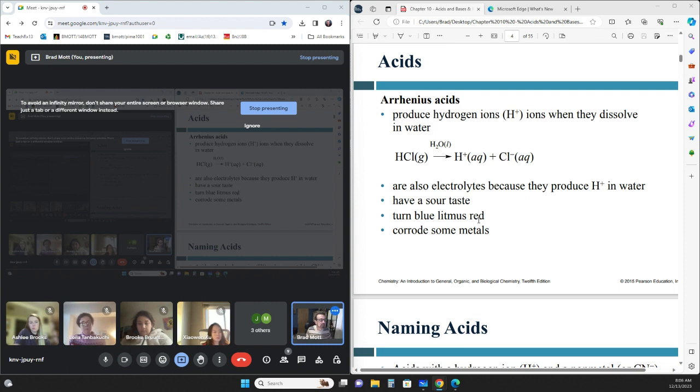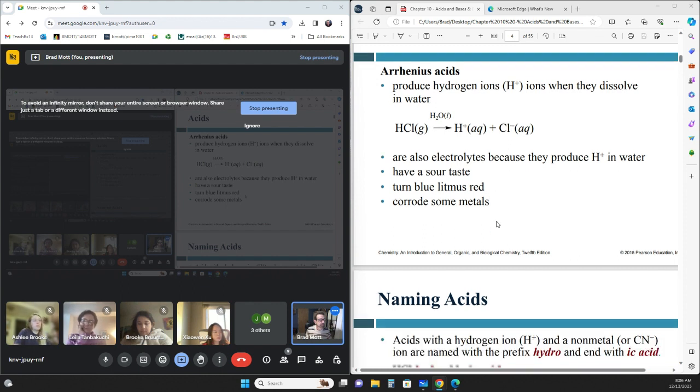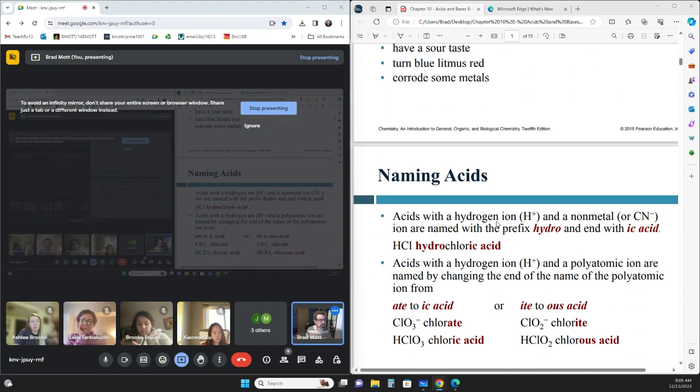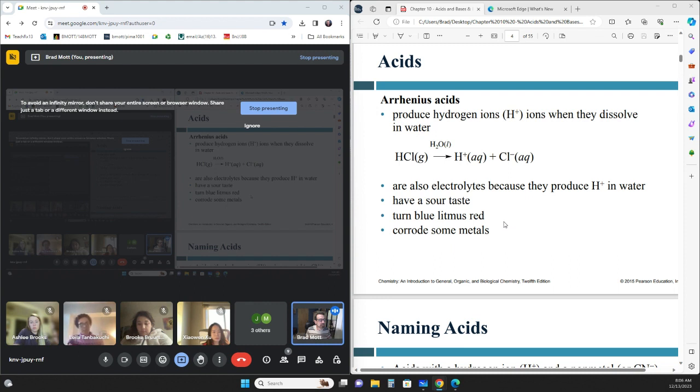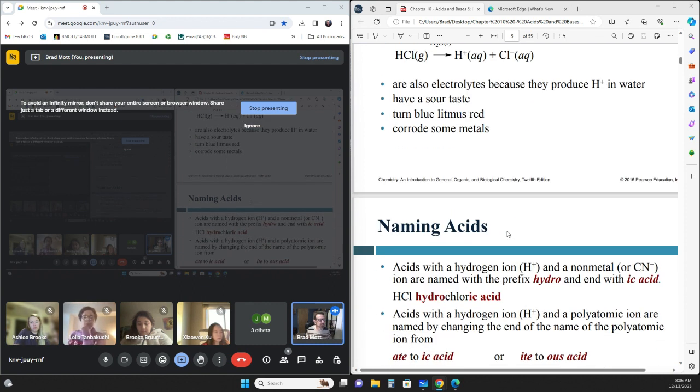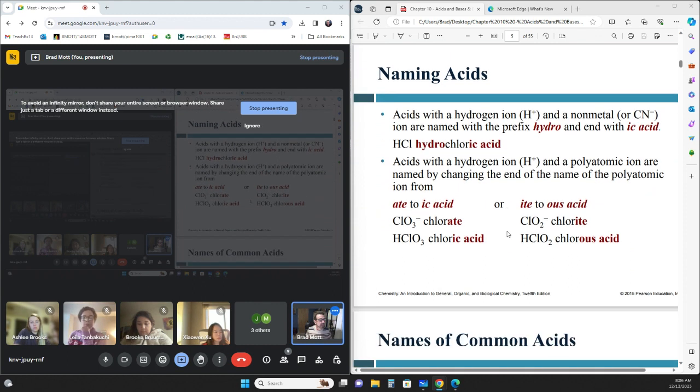Like we said, an acid will turn blue litmus paper red. There are questions on litmus paper. And of course, basic things keep blue litmus paper blue. Basic for blue, right?